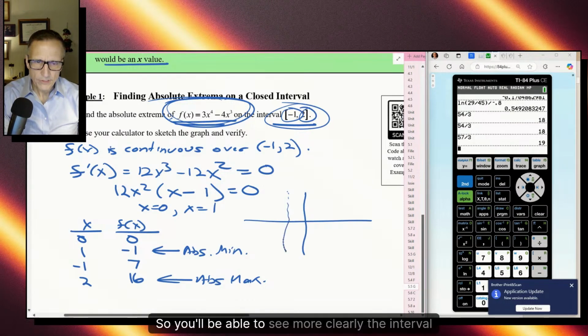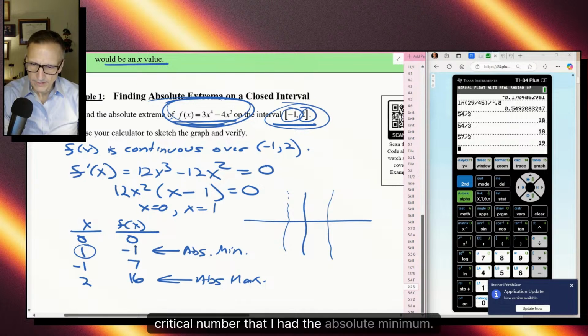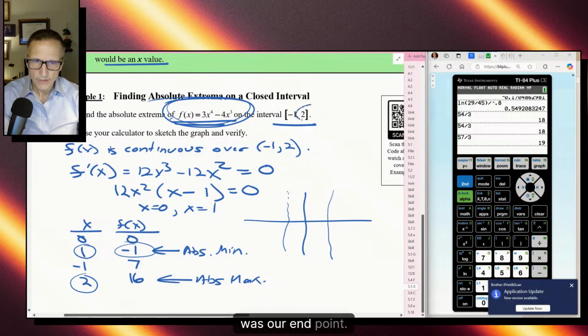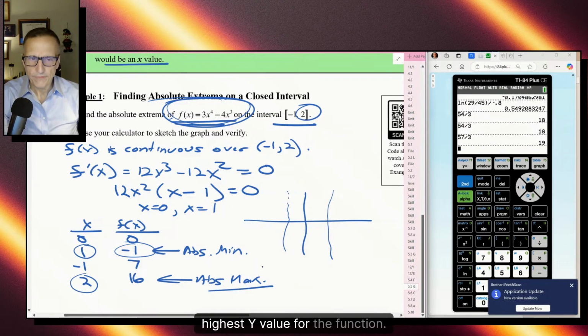So you'll be able to see more clearly the in-between parts, and you can confirm that it's at this critical number that I had the absolute minimum, and this endpoint is where, because 2 was our endpoint, at that endpoint is where we had the absolute highest y value for the function.